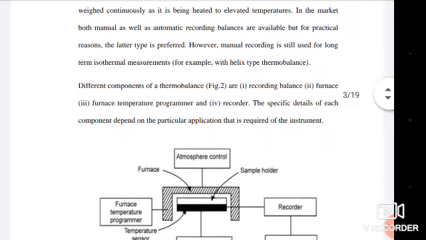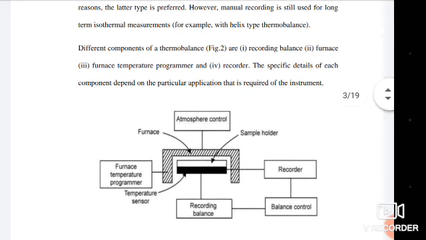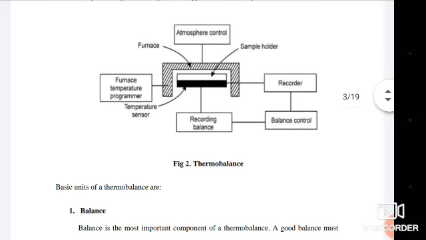The different components of the thermobalance you have already learned: recording balance, furnace, temperature programmer, and recorder. The specific details of each component we will see in the next lecture.